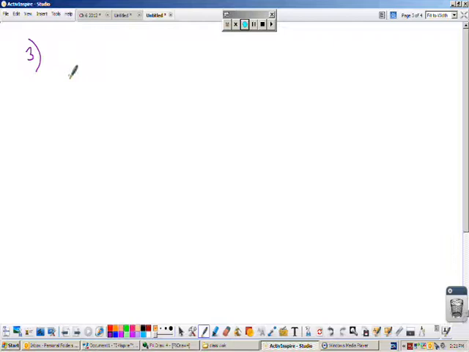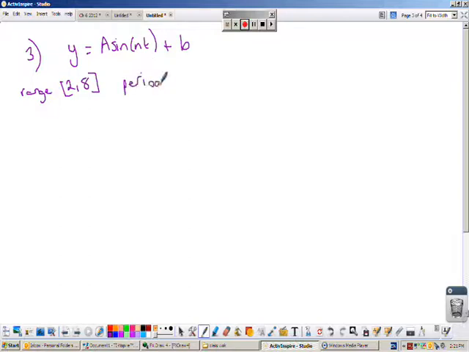Question 3, we're given some information. We're told that it is a sine graph where there's been dilation from x, dilation from y, and a vertical translation. We know that we have a range from 2 to 8, and we're also told that the period is 2 pi on 3. The range gives us a lot of information. First of all, the midpoint in that range will give us the centre line.